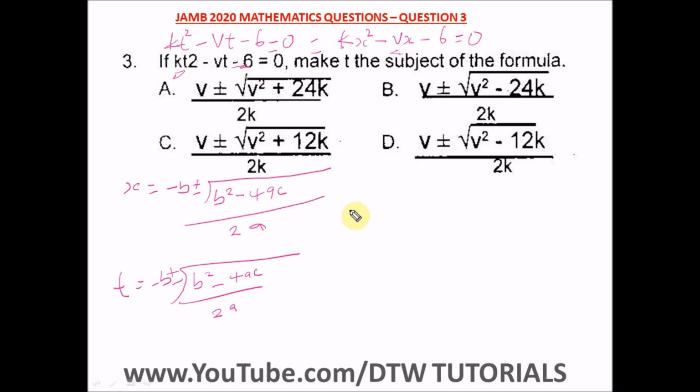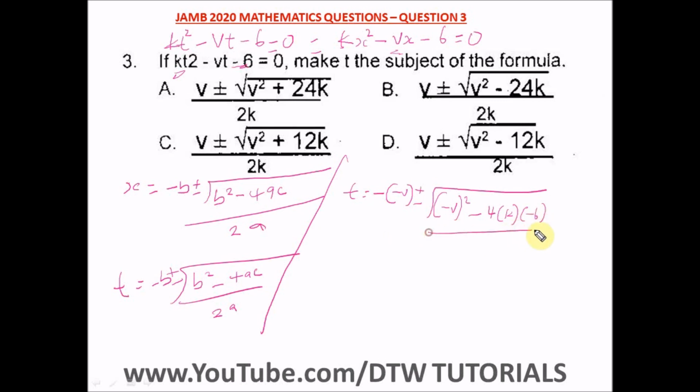So now we have t equals minus bracket minus v, bracket close, plus or minus square root of bracket open minus v, square, minus 4 times a, our a is k, let's put that in bracket, and our c is minus 6, let's put that in bracket also, all over 2a.